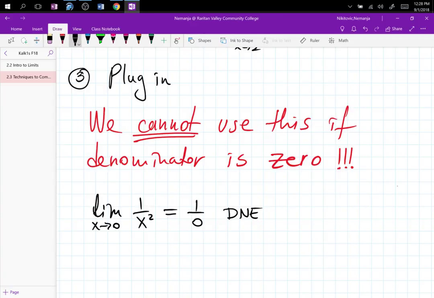Because the limit is actually positive infinity. And plugging in a value clearly doesn't work. You cannot divide by 0. So, no. I have to cross it out. And you better cross it out in your notes too.